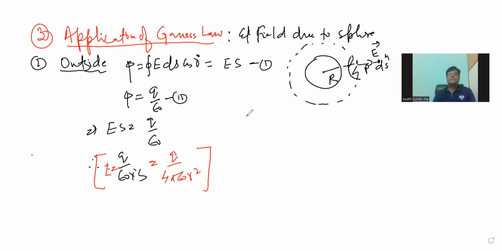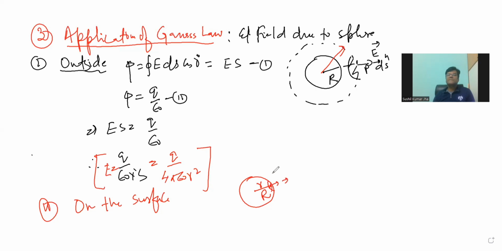Now, if you go for the second case, which is on the surface. So on the surface means this is R, and this small r would also be the same. So when we talk about this, the ds and field both are acting along the same line.